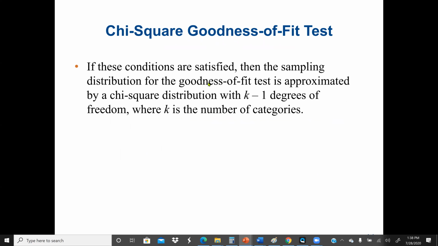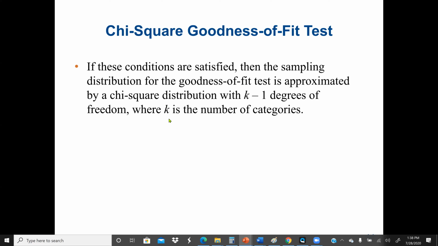Now if these conditions are satisfied, then the sampling distribution for the goodness of fit test is approximated by the chi-square distribution with k minus 1 degrees of freedom, where k is the number of categories. When we use the chi-square distribution table, it's almost like the t table.